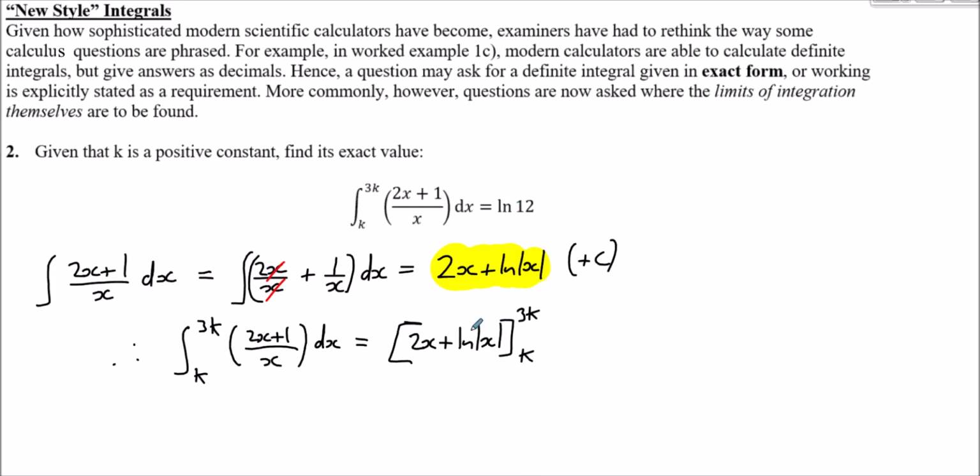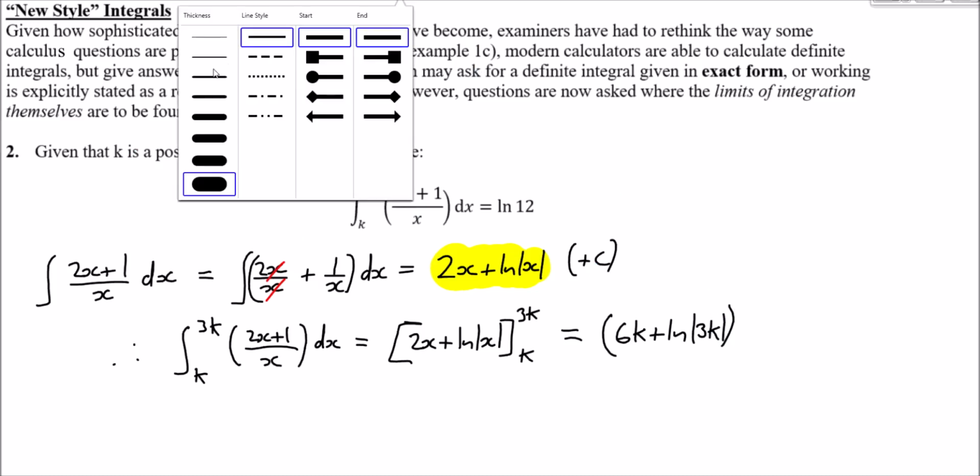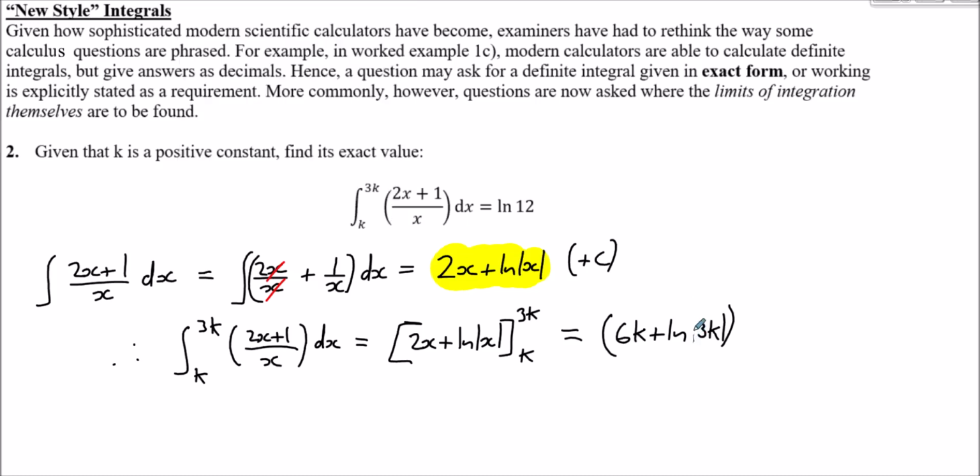So if we input the limits into this now, when x is 3k, 2x will become 6k, and then ln x is of course going to be ln mod 3k. Because k is a positive constant, we don't need these mod symbols. If you leave them on there, it's not such a massive issue. But technically, because it says it's a positive constant, I can just think of it as ln 3k.